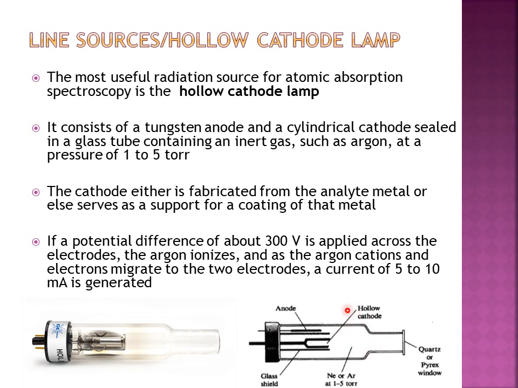Both of these charges move towards their respective electrodes. Electrons move towards anode and argon cations move towards cathode, and this movement of charges generates current of 5 to 10 milliampere.